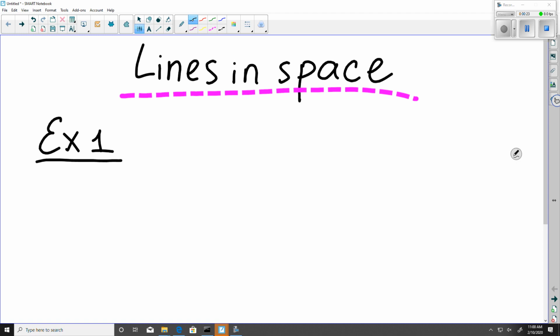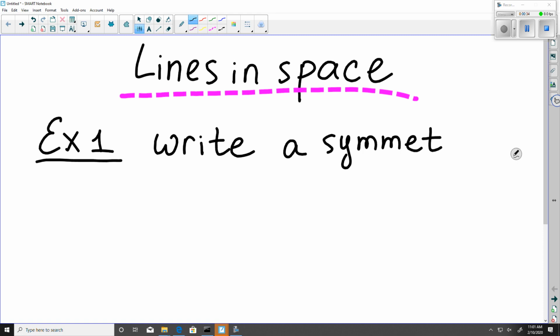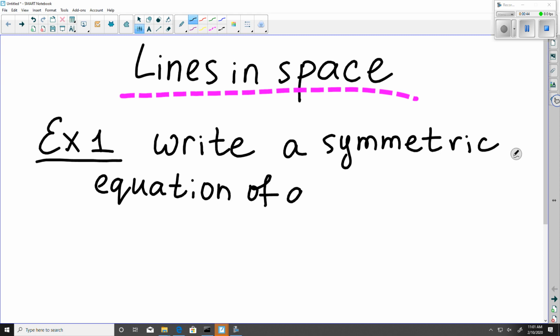Example 1, write a symmetric equation. Just write it down for now. I'll explain what it is. Write a symmetric equation of a line that passes through 2 points.